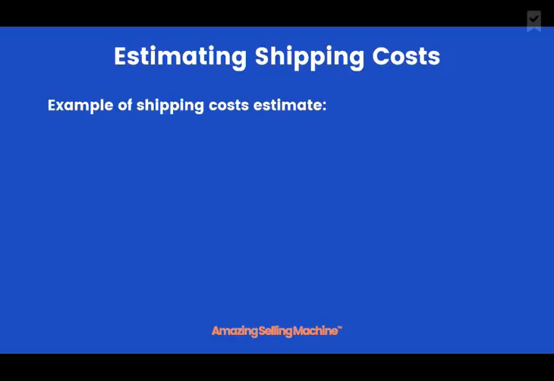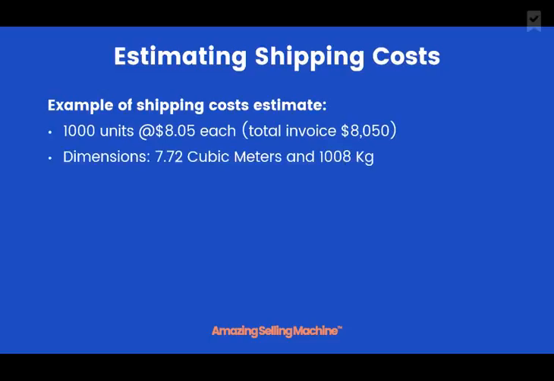So now we can walk through this example of a shipping cost estimate. Let's imagine I bought 1,000 units at $8.05 each. So the total invoice was $8,050. The only reason I need that is to calculate the duty fees. The dimensions again were 7.72 cubic meters and 1,008 kilograms. So when I put that into the calculator, the ocean shipping per the calculator was $1,099.